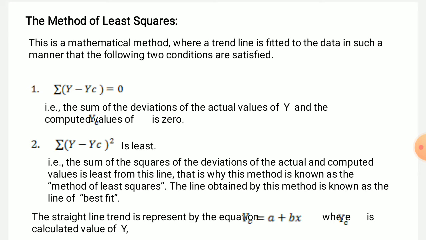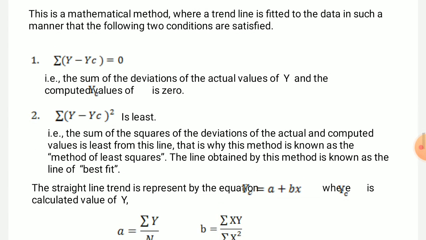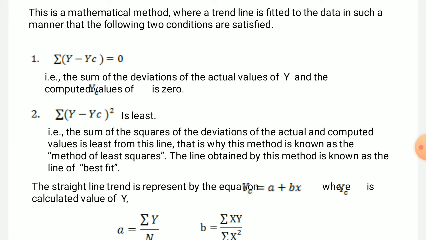So this is a mathematical method where a trend line is fitted to the data in such a manner that two conditions must be satisfied. One is sigma (y minus yc) equals 0, that is, the sum of the deviations of the actual values y and computed values yc is 0.